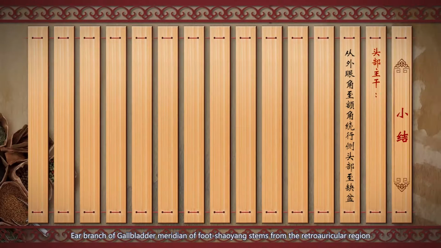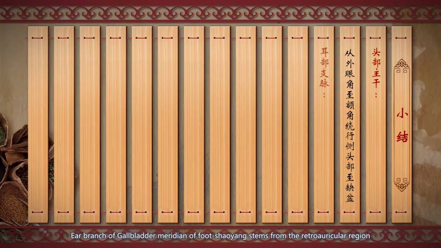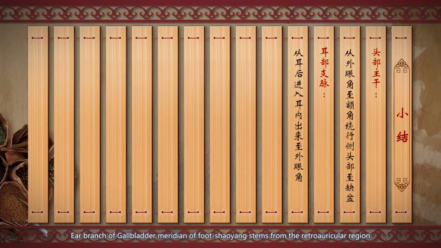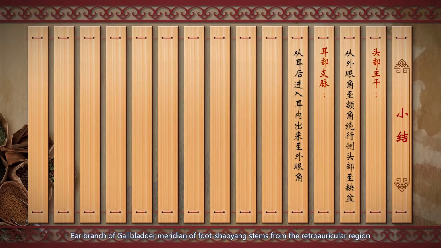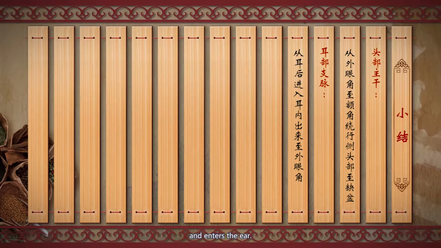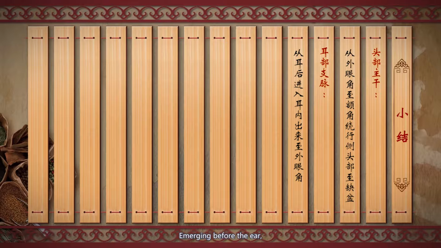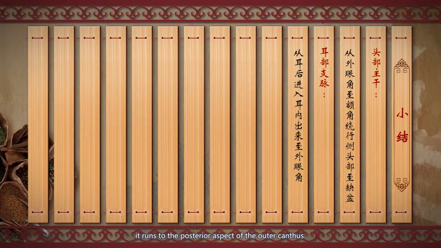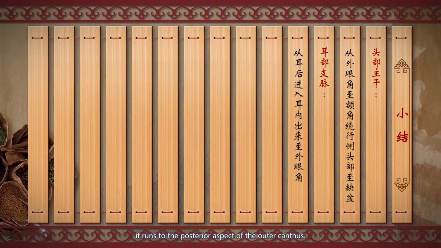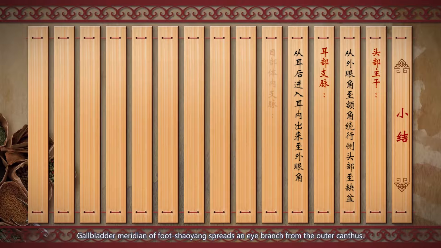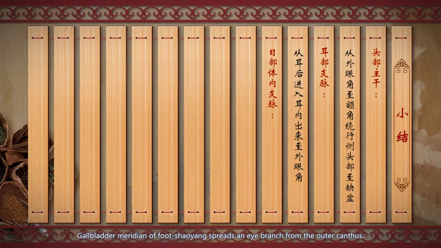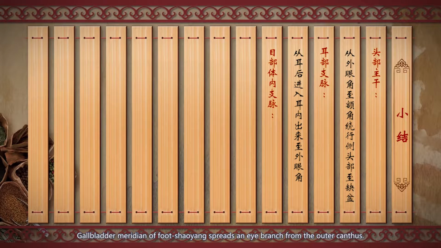The ear branch of gallbladder meridian of foot Shaoyang stems from the mastoid region and enters the ear, emerging before the ear. It runs to the posterior aspect of the outer canthus. Gallbladder meridian of Shaoyang spreads an eye branch from the outer canthus.